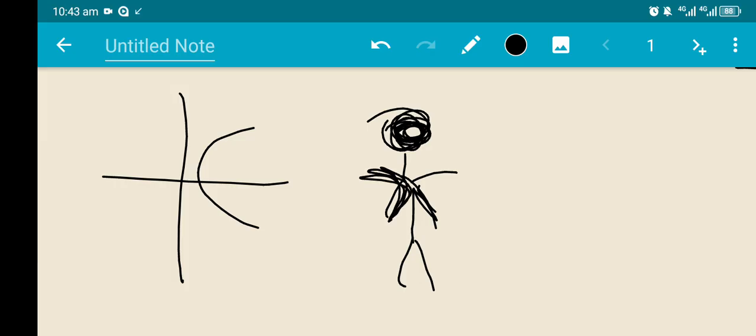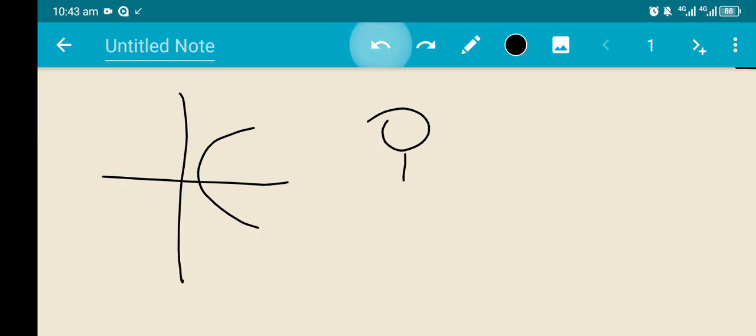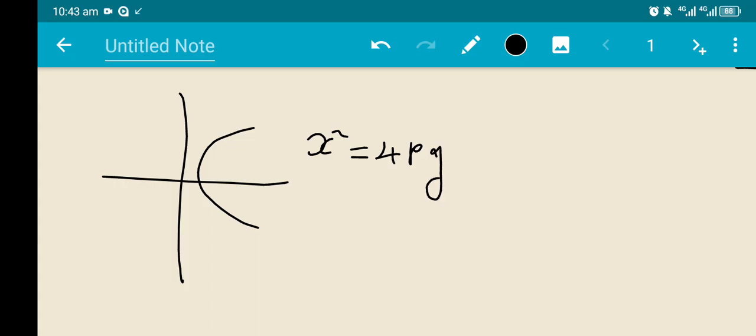That's the idea. So in a similar way, if you've got your parabola, say it is x squared equals 4py. Because x is the one that has the square, we'll take x as the head, then we know that the arms will either open this side or this side.